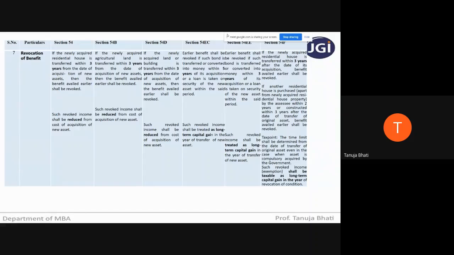And under sections 54EC, 54EE, 54F, if it is revoked within a period of 5 years, 3 years and 3 years respectively, then such revocation of income will be treated as a long-term capital gain in the year of transfer. So this is revocation of benefit.